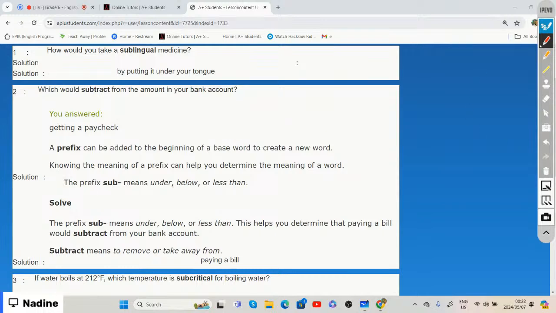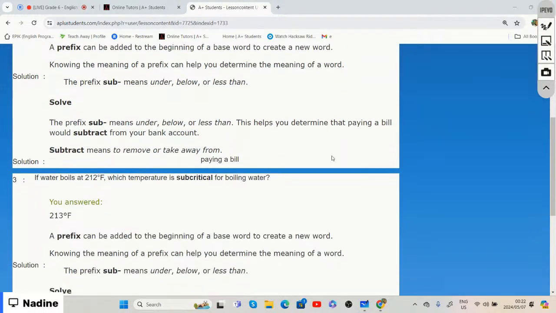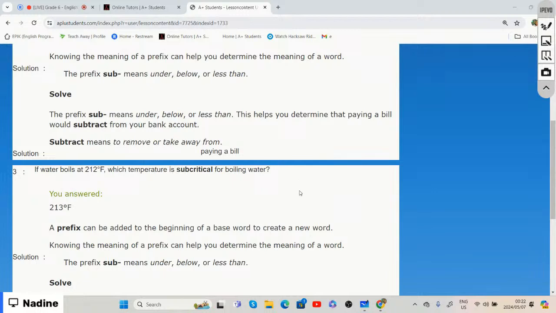So that is subtracting, and sub is our prefix that is added to our base word, which is tract.